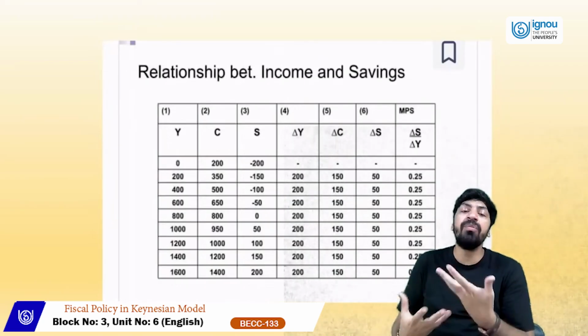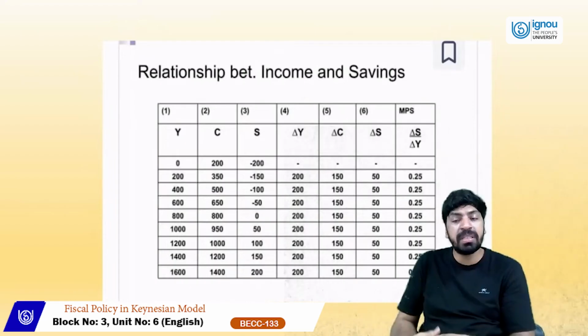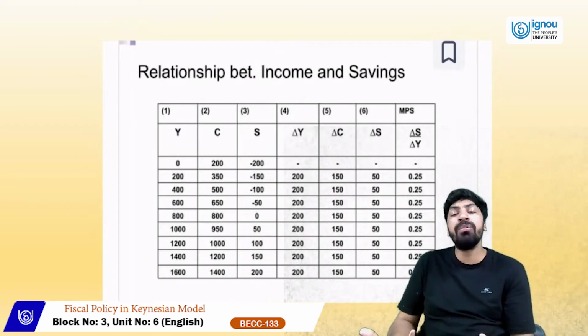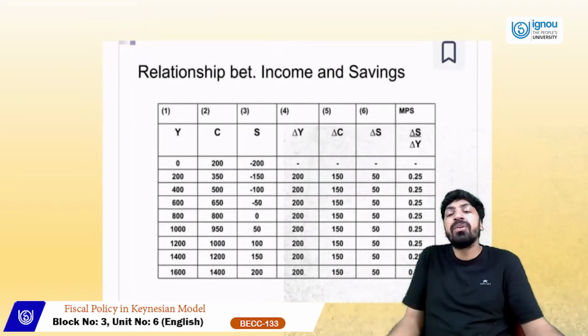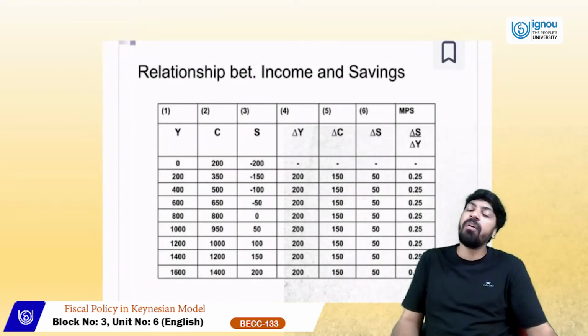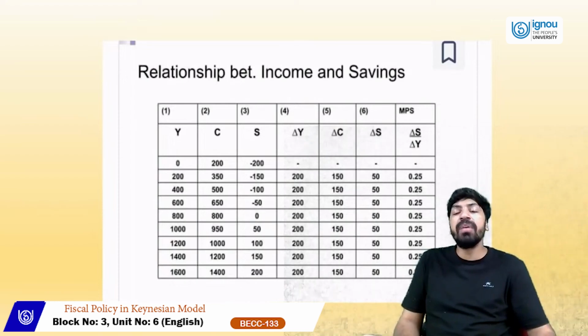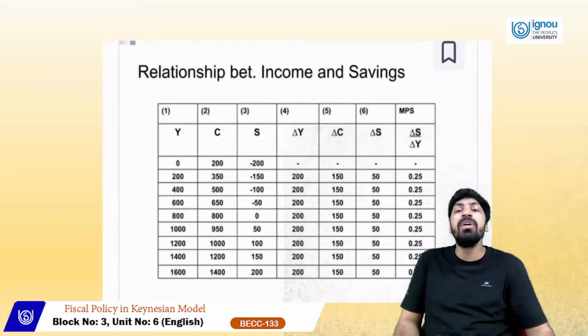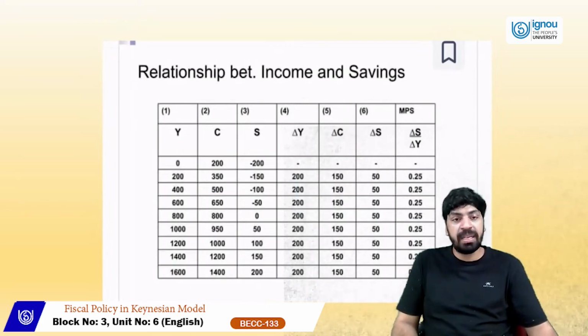Whatever you earn, it's your responsibility to save whatever amount remains after spending on goods and services. Once you take the difference between income and consumption, your money gets saved, and that amount is called savings.